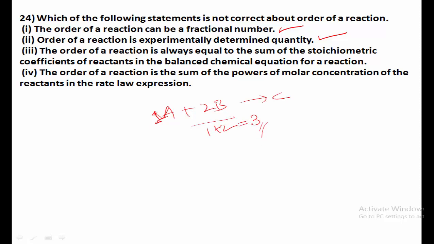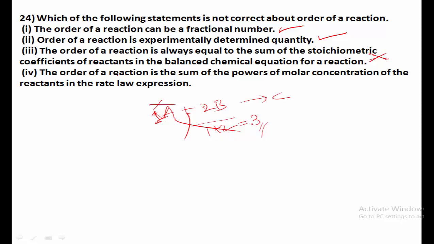Is it possible? No. This cannot be determined by taking the sum of stoichiometric coefficients of reactants in the balanced chemical equation for a reaction. If that were so, then we could say the order of reaction can be determined theoretically, but that is not possible, and hence this statement is incorrect.